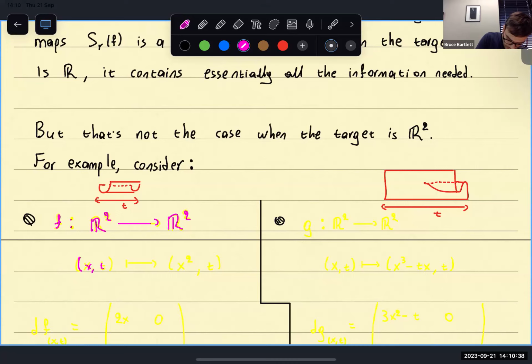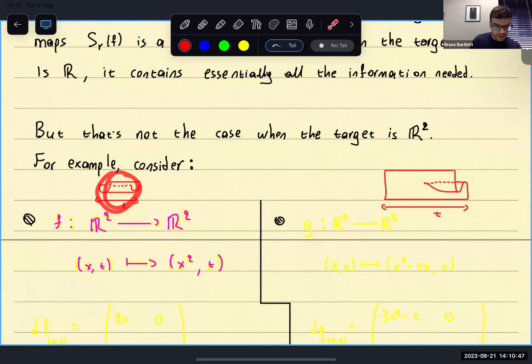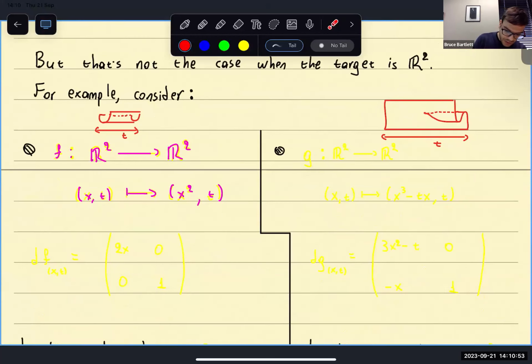which sends points (x, t) to (x^2, t). So you can think of it as having the graph shown here. What is the differential of this map at (x, t)?